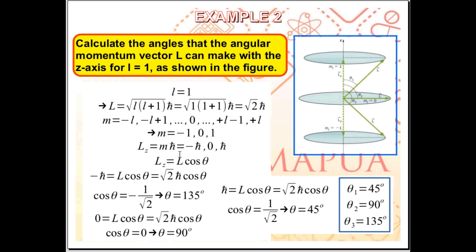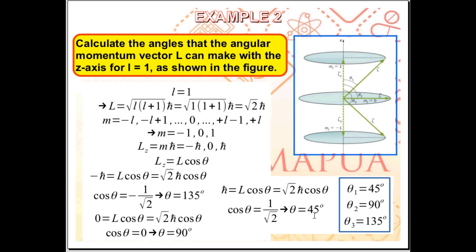For Lz equal to 0, theta is 90 degrees. And for Lz equal to h bar, theta is 45 degrees.